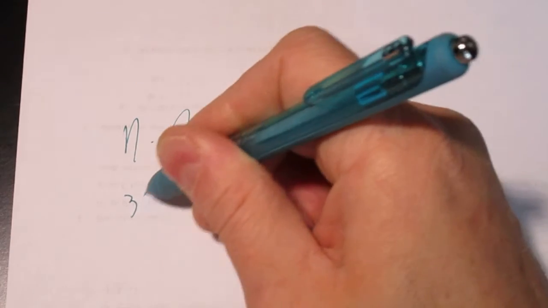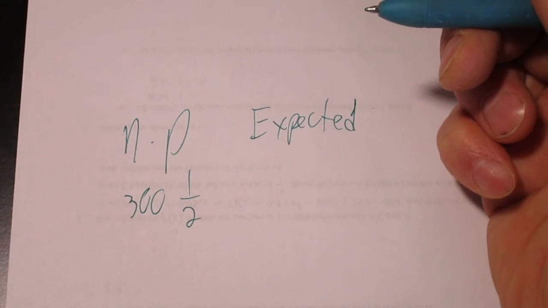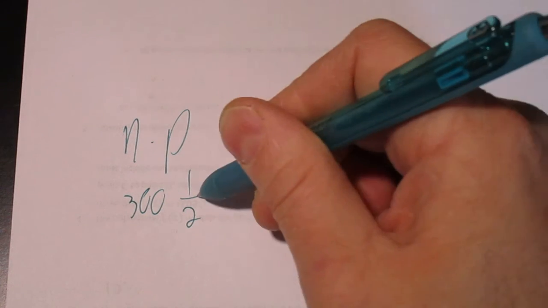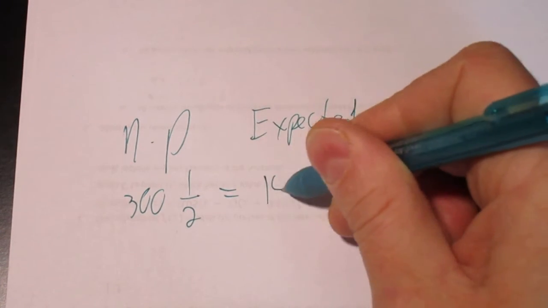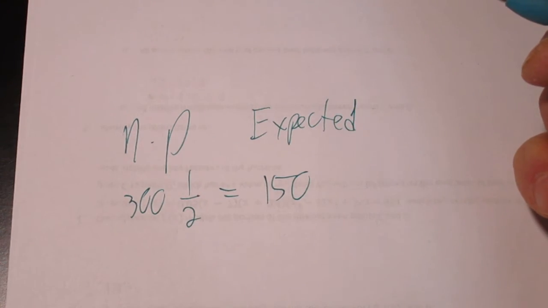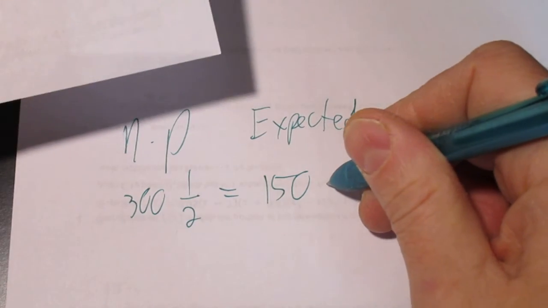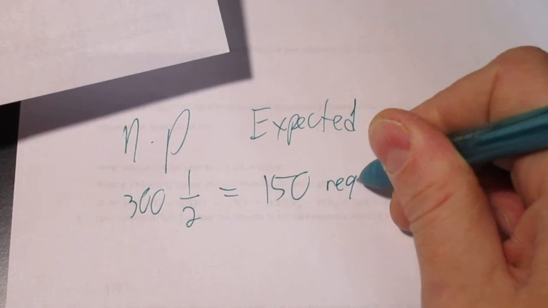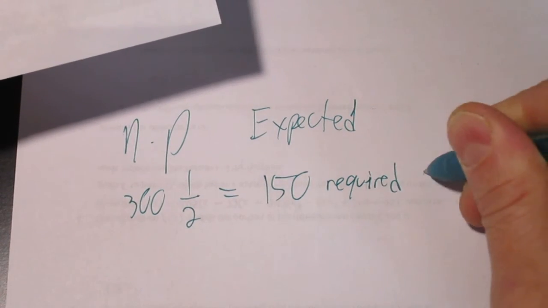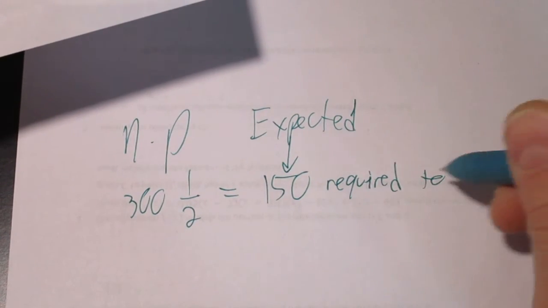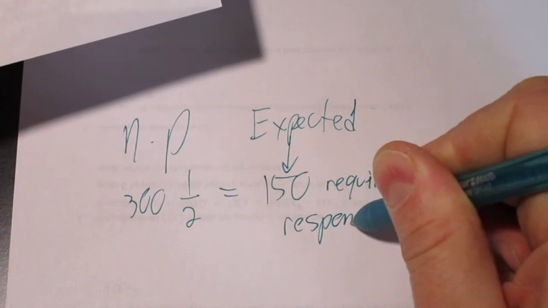So N was 300. Probability of flipping heads, where you must respond no, we're going to expect 150 would be required to respond no. Okay, bingo. 150 expected required to respond no.